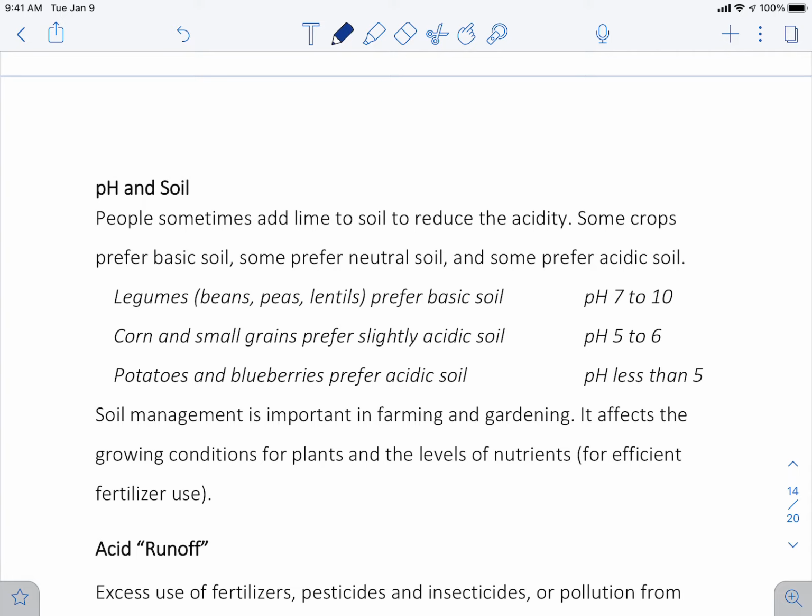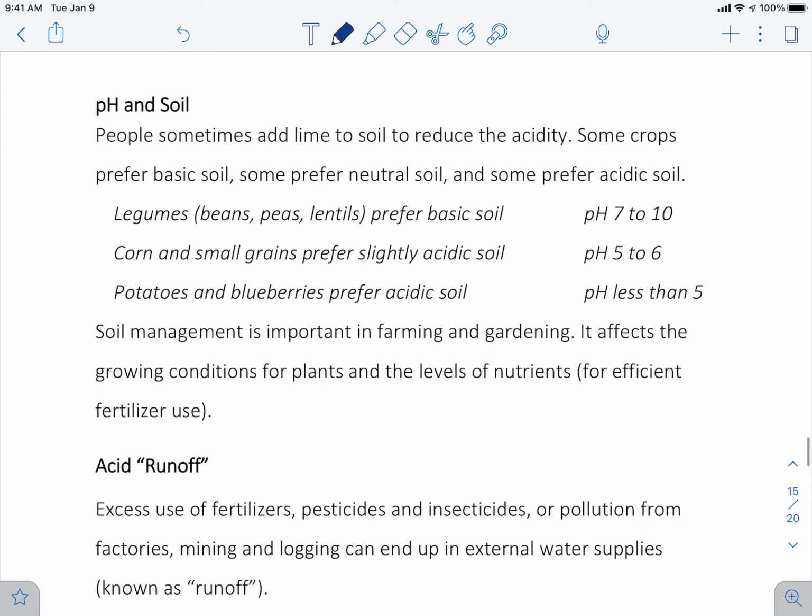So for example, legumes prefer basic soil. Those are your beans, your peas, your lentils, while corn and small grains prefer slightly acidic soil, and potatoes and blueberries prefer very acidic soil, like pH less than 5. Soil management is a really important factor in farming and gardening, and it affects the growing conditions for all of your plants.